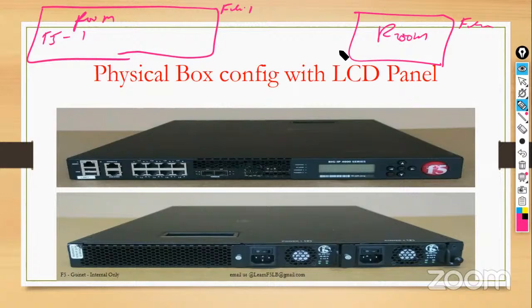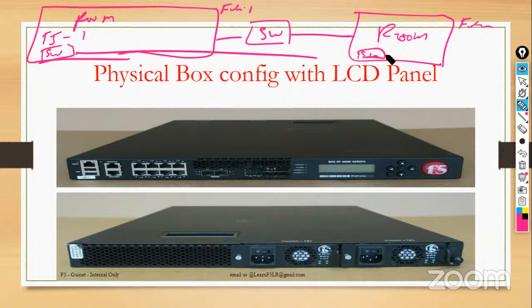If you have a long distance in between, what do you need to do? You need the switch. Or for example, here we have also connected a switch. We have one switch on this rack and one switch in this other rack, and these switches are connected with each other. So this F5 we can connect with this switch, and this F5 we can connect with this switch.